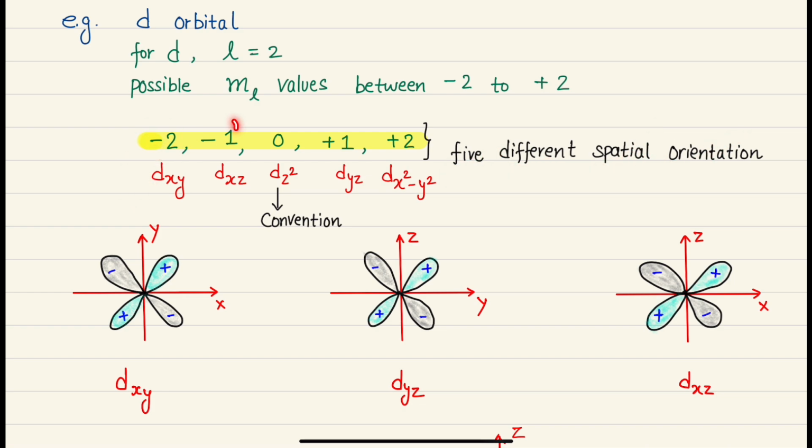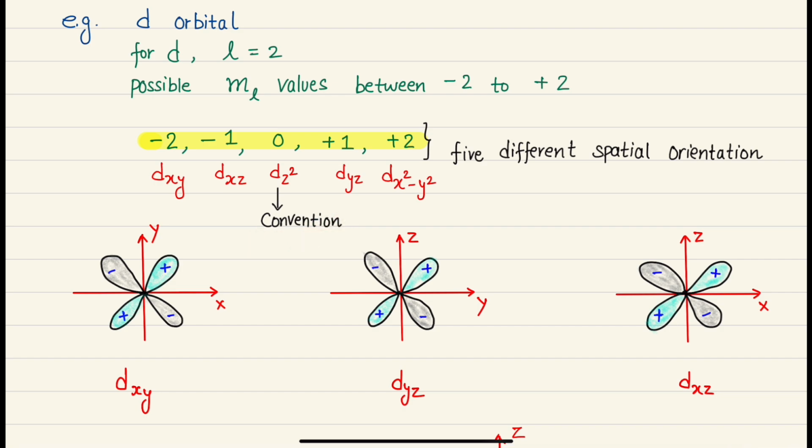This minus 2 is called dxy, minus 1 dxz, 0 dz square, plus 1 dyz, plus 2 dx square y square. Now see, this ml value 0 always corresponds to dz square. Okay, dz square means ml value is 0, fixed by convention.